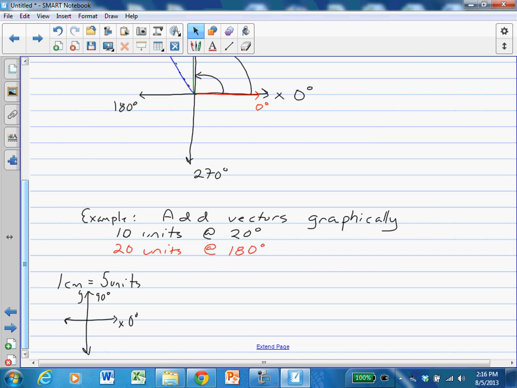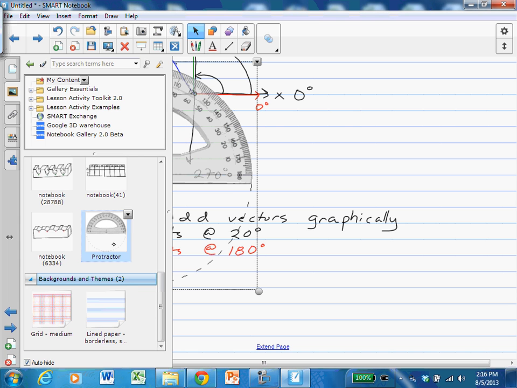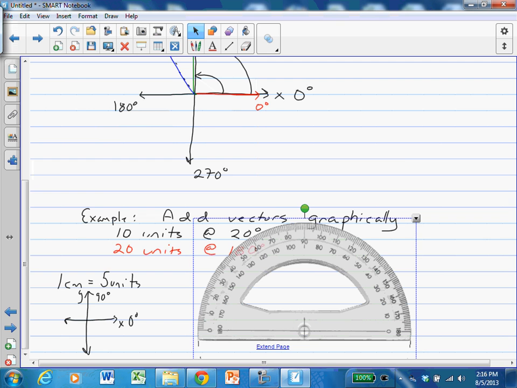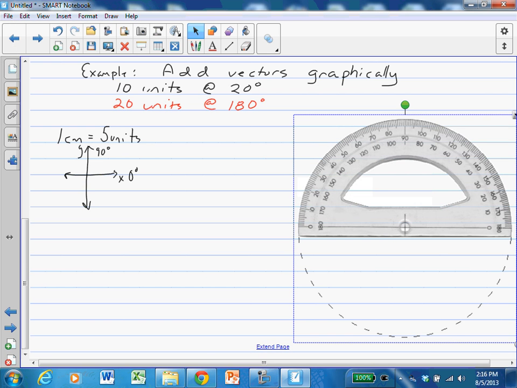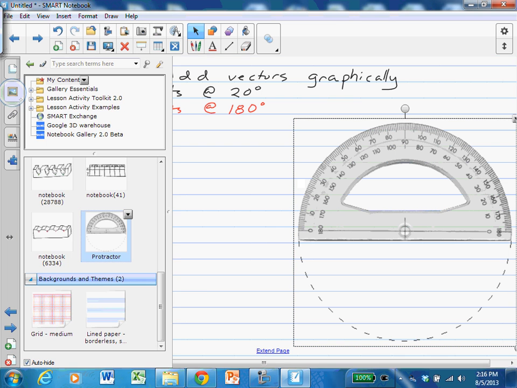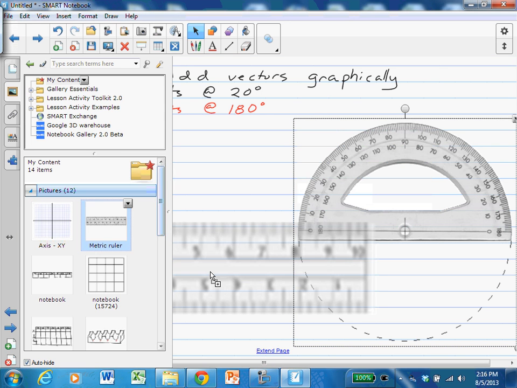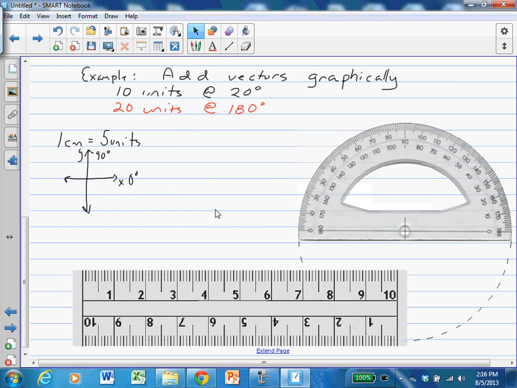I'll get my ruler out, my protractor as well. All right, so if 1 centimeter is 5 units, the first vector that I'll add is the black one.